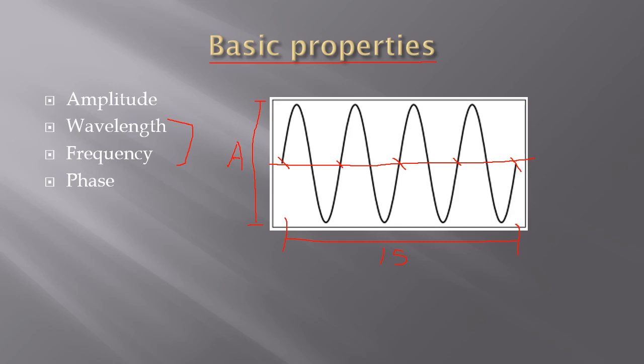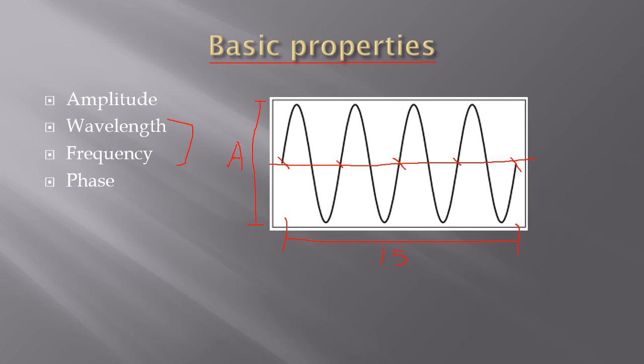The wavelength and the frequency are related to intonation, if it is a speech signal. So high frequency intonation means that the frequency is high and the wavelength, however, is shorter. So the shorter the wavelength, the higher the frequency.